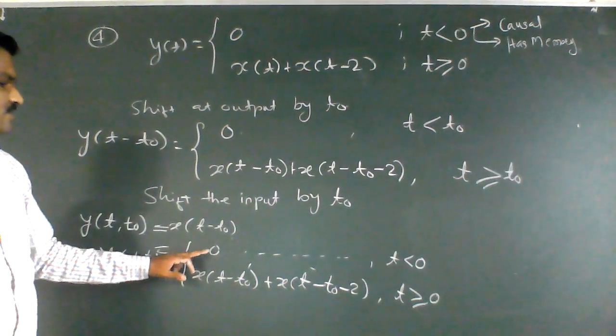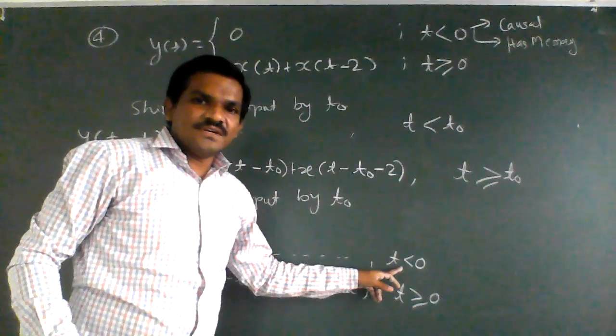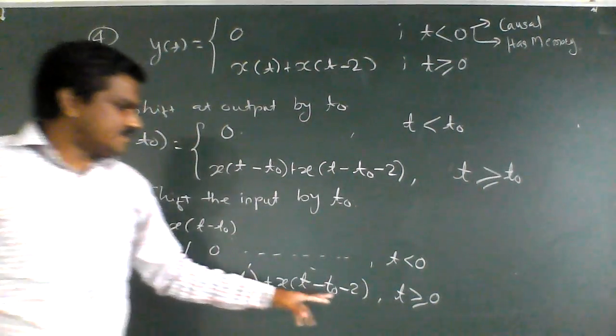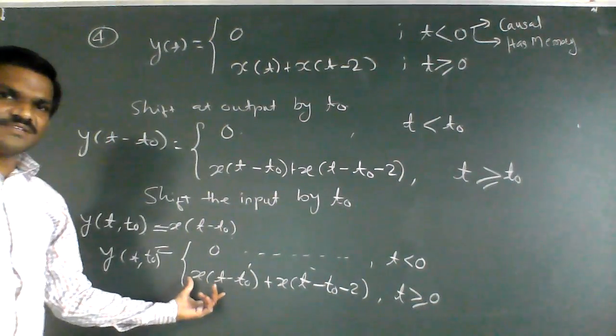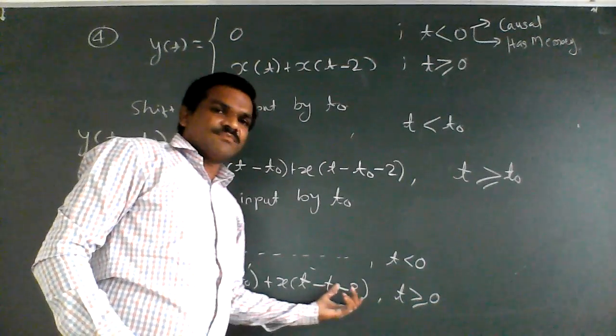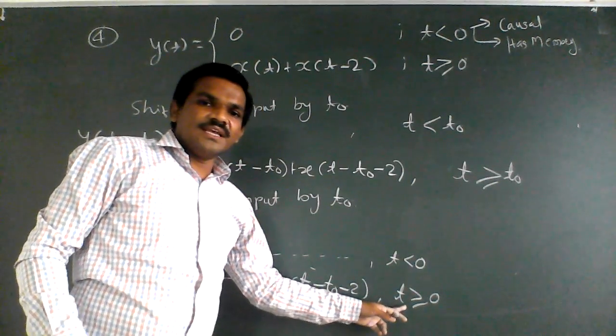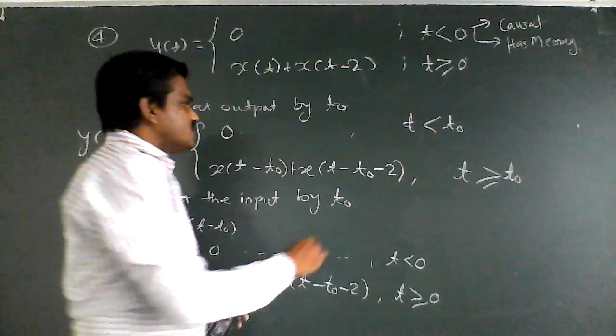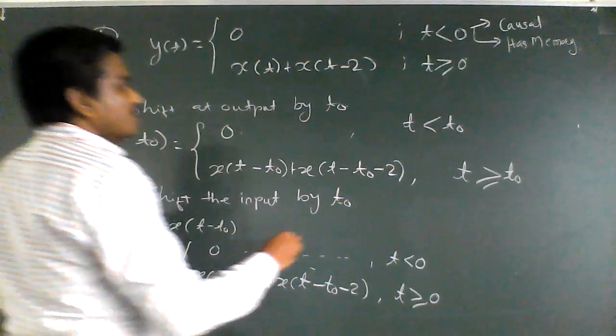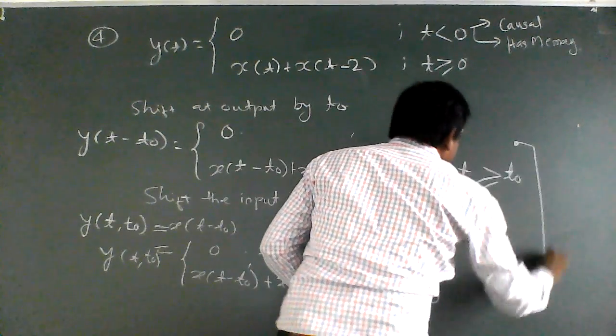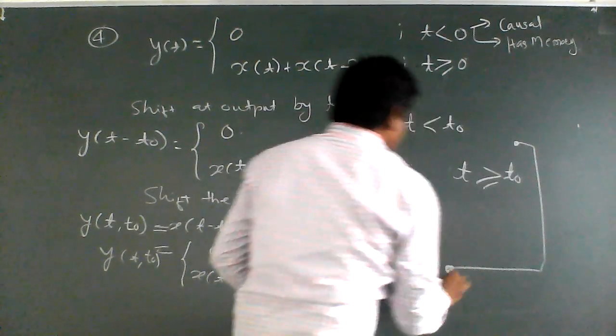So what is this value? This is 0 for t less than 0, and this value is x of t minus t0 plus x of t minus t0 minus 2, which is for t greater than or equal to 0. From these two equations, this is equation 1 and this is equation 2.